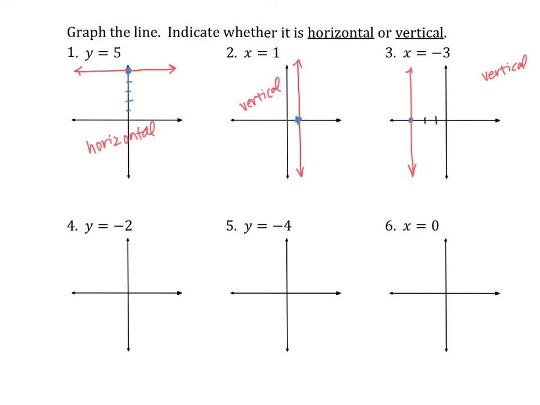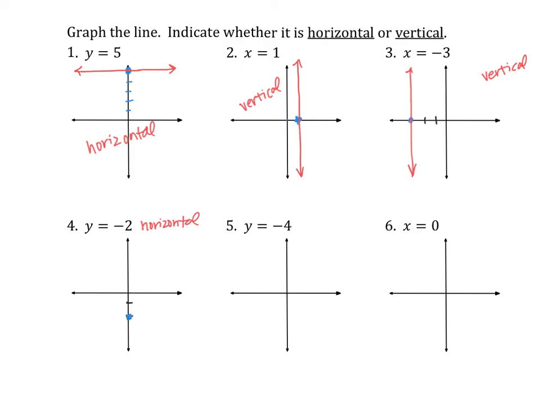Okay, this is y equals. So before I do any work at all, I already know this is going to be a horizontal line. If I forget, I can always kind of figure it out. Since it's y equals -2 on the y-axis, it's going to touch the -2.